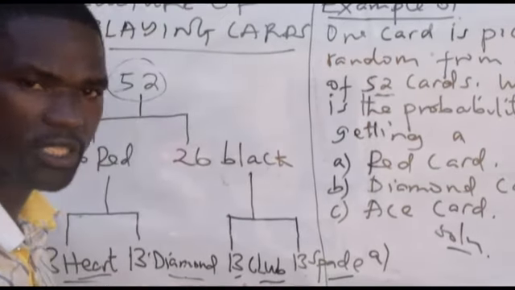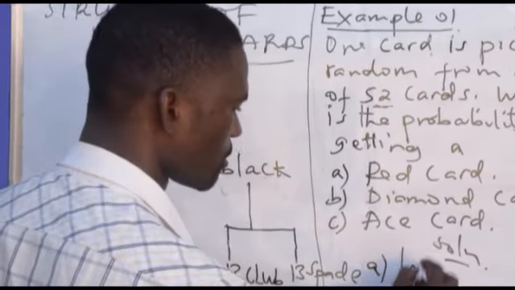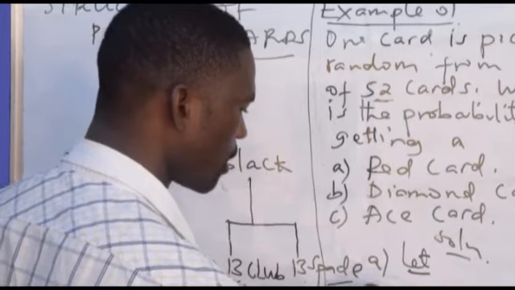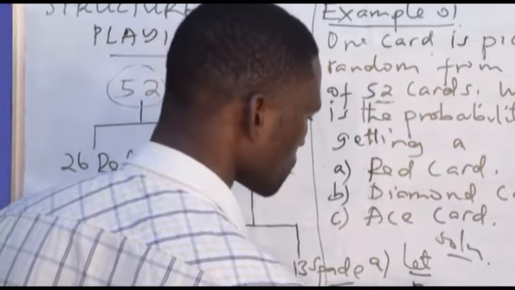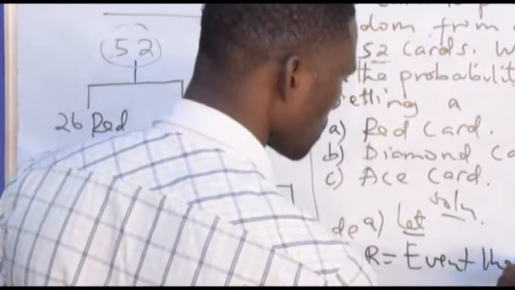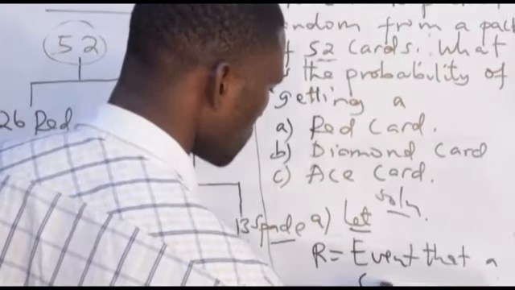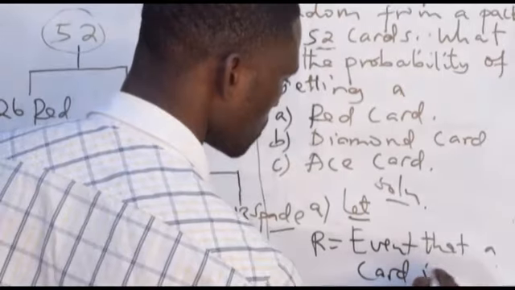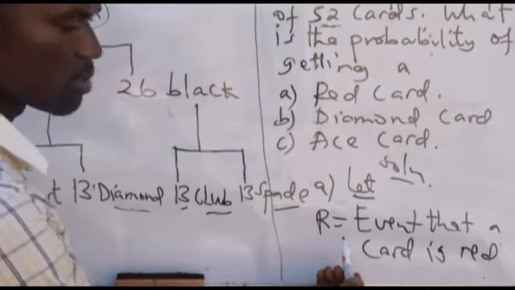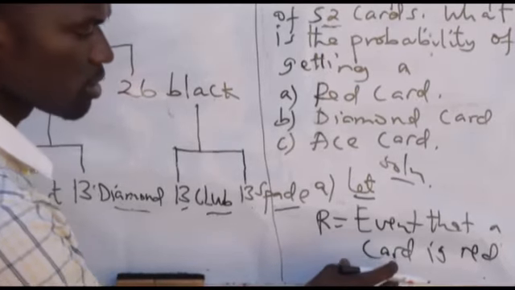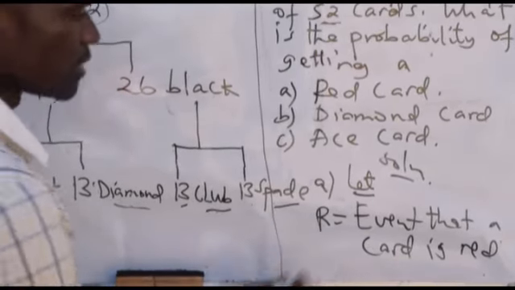Okay, so to answer this question, especially part A, first you have to let R represent the event that a card is red. Assume R represents the event that the card which has been picked is red.